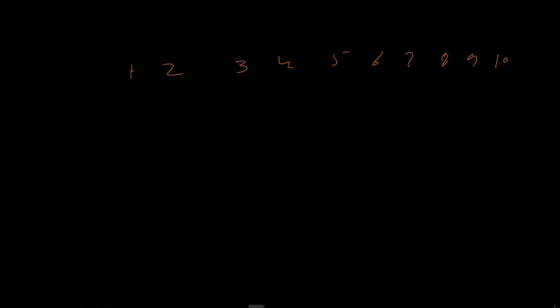R2 is still immature, but R1 will give birth to new rabbit R3. Next month you will see R1, R2 and R3 will be as it is. Sorry. Now R1 will give birth to R4. R2 is now mature because it has completed 2 months, so it is going to give R5, but R3 is still immature. So you will see there is 1, 1, 2, 3, 5.